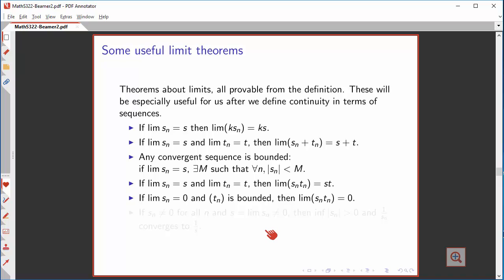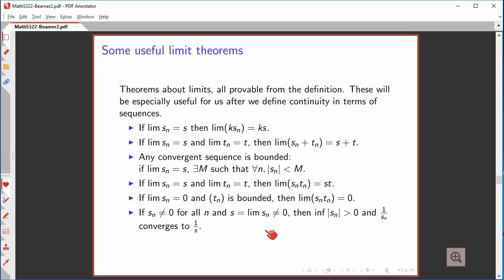Finally, what about a sequence of reciprocals? Well, here we have to be very careful not to divide by 0. If S sub n is different from 0 for all n, so that we can take the reciprocal of any element, and furthermore, the limit of the sequence is different from 0, it's entirely possible to have a sequence like 1, a half, a third, a fourth, a fifth that converges to 0 even though no element of the sequence is 0.